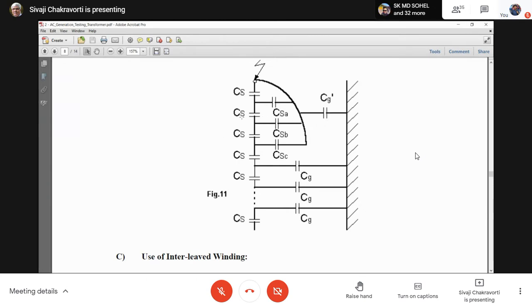Now, if CS increases, naturally your ratio CG by CS decreases. So this shield helps in improving the distribution, first by reducing the current that is being bypassed to earth, by supplying this current directly from the high voltage terminal, and secondly by increasing the series capacitance.